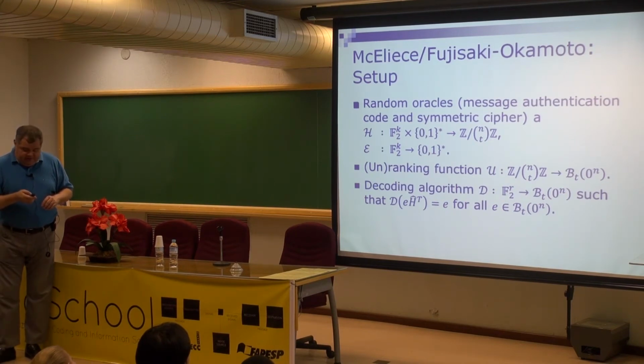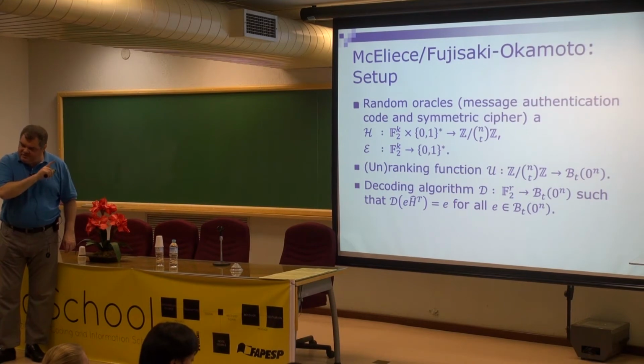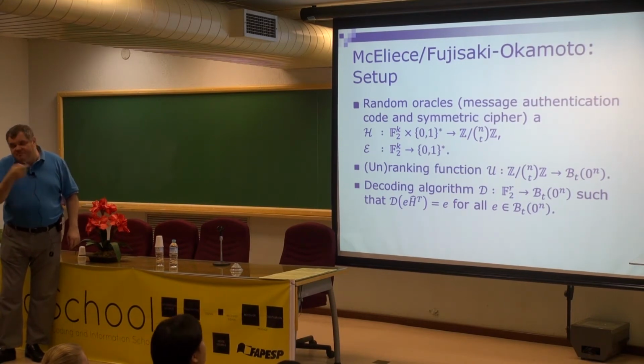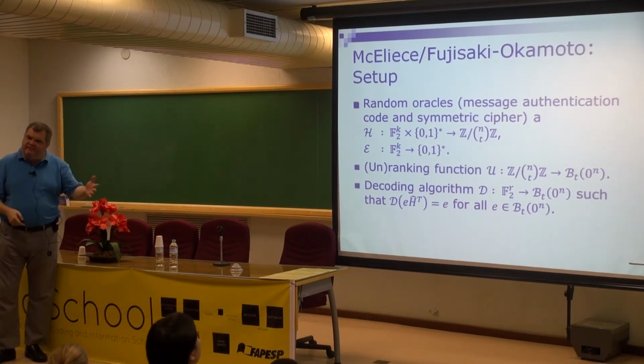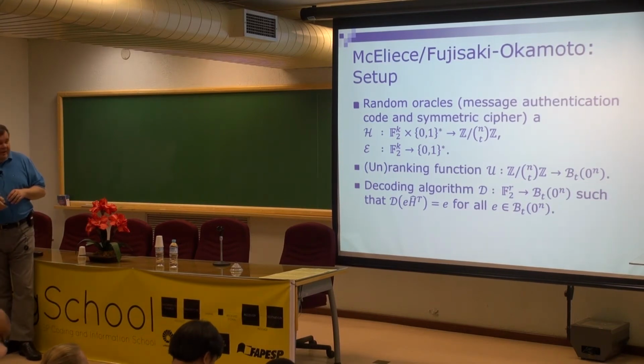We have to use a permutation ranking or unranking function. I have an appendix to these slides. I will not talk about them, but anyone interested can have a look at the appendix afterwards. It's a way of taking an integer mod n choose t.